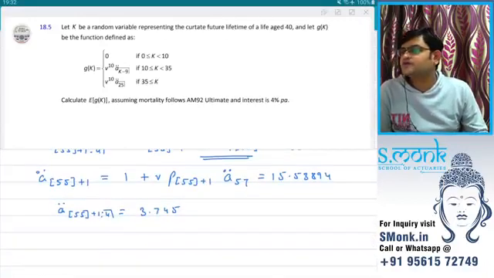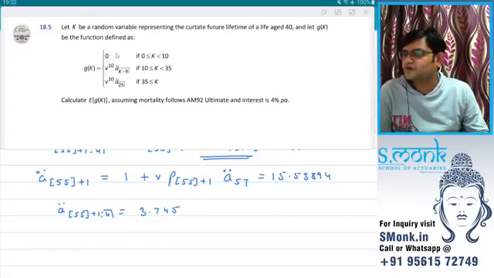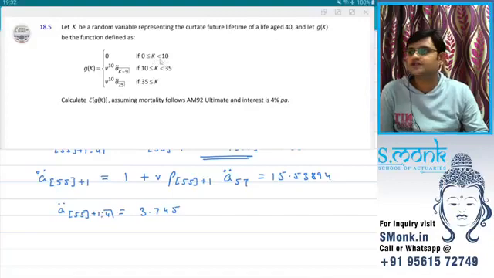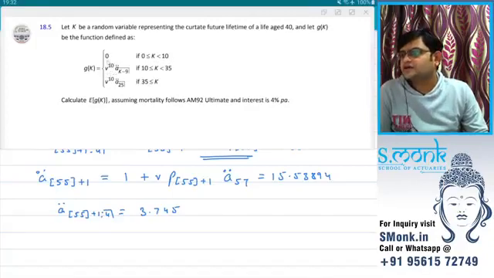Okay, so we are saying that we will have v raised to 10. First of all, 0 for the first 10 years. If a person dies within the first 10 years, payment is 0. Then after that, we have 10 years and then annuity k minus 9.